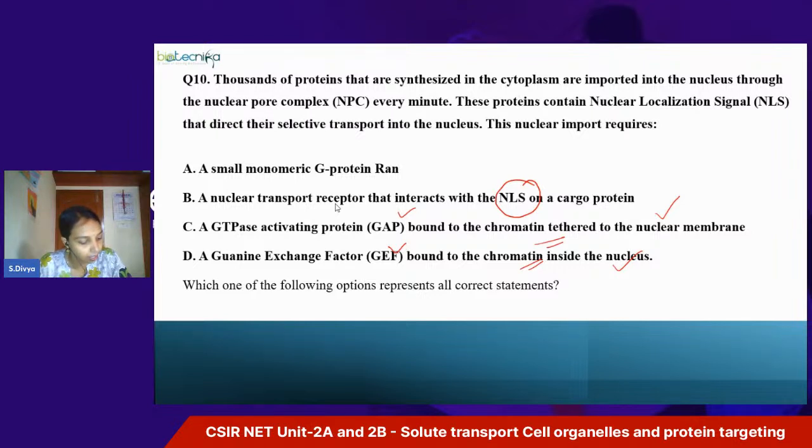I can see Sayanti, Anusha has given the answer. Sayanti, you meant only statement A is correct? Okay, you are saying A, B, D. A, C, D, you are saying.